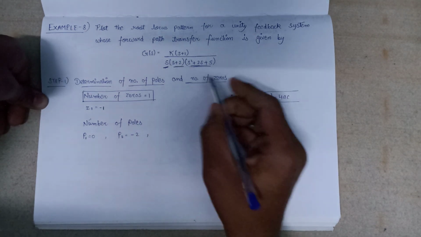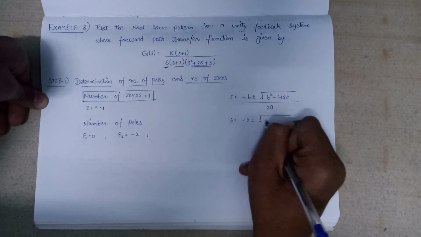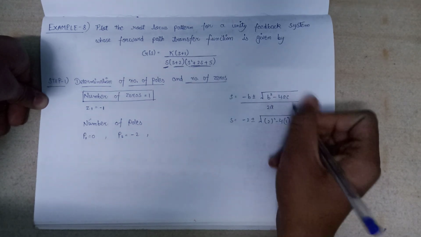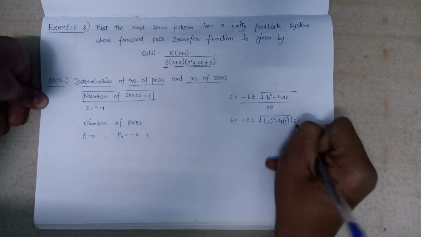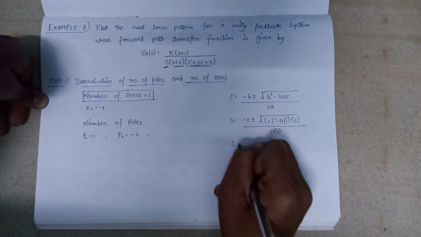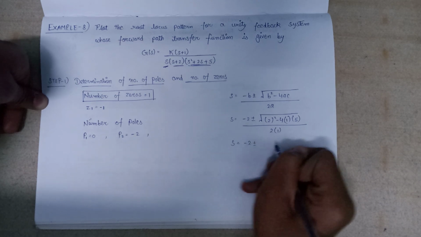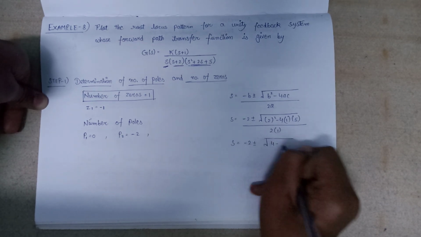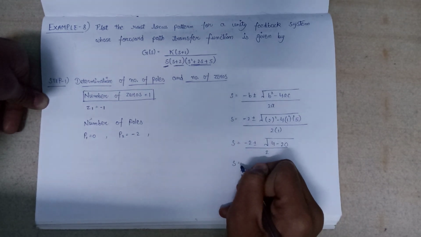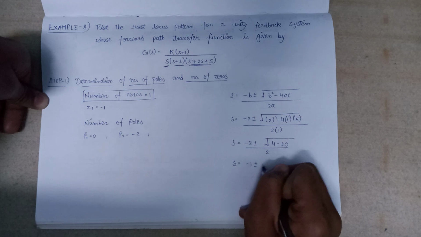So s = (-2 ± √(2² - 4·1·5)) / (2·1), which is (-2 ± √(4 - 20)) / 2. So s will be equal to -1 ± 2i.